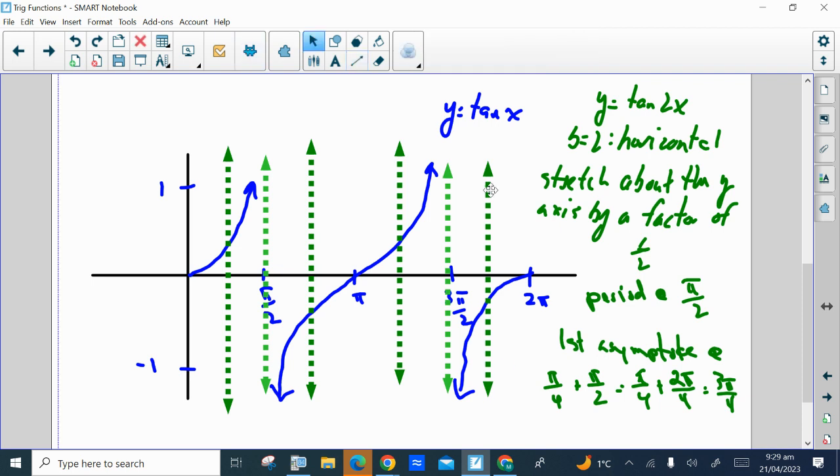This is where all the asymptotes are for that graph.